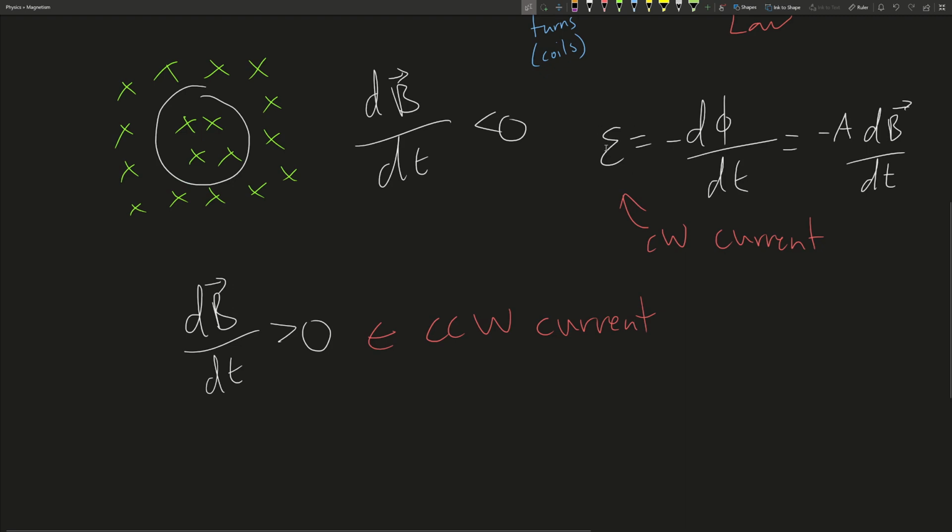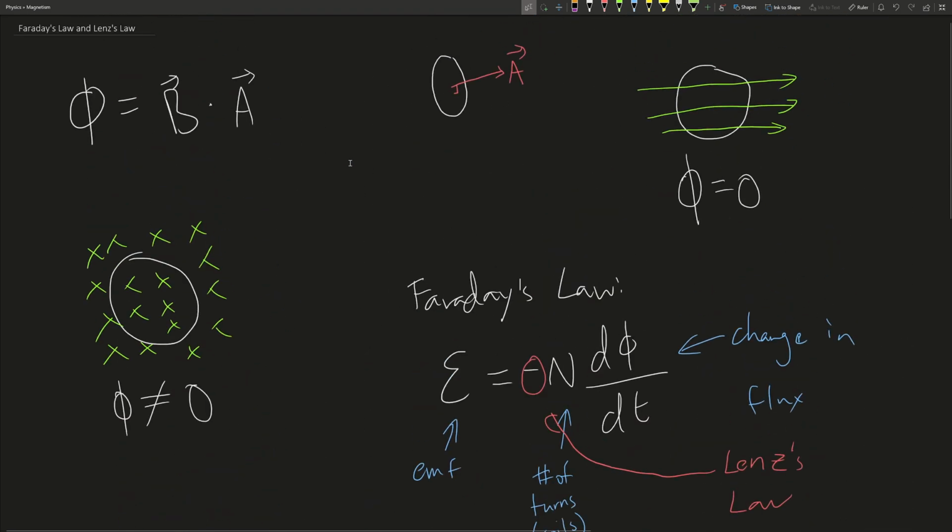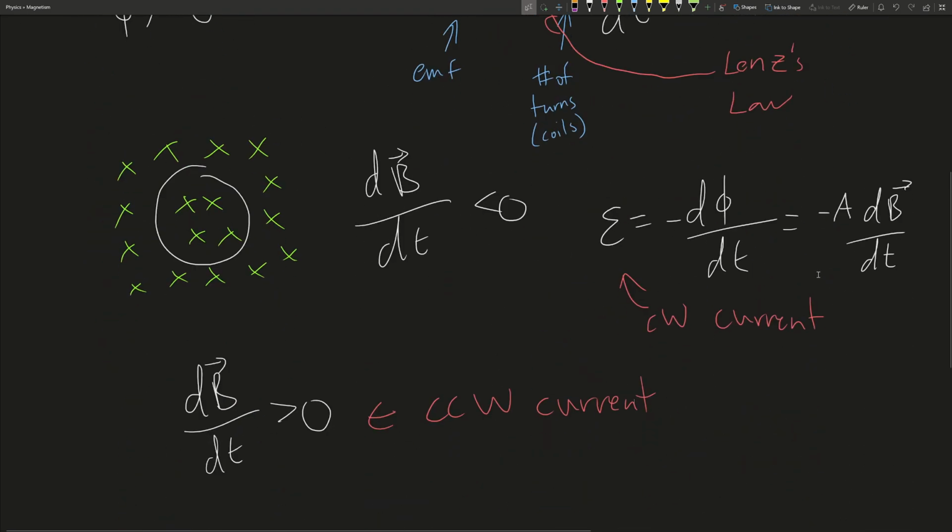And we see that with a decrease in flux, we want to counteract that with an increase, by Lenz's law. And so if flux is decreasing, then we want to create a magnetic field into the page to increase the flux into the page.